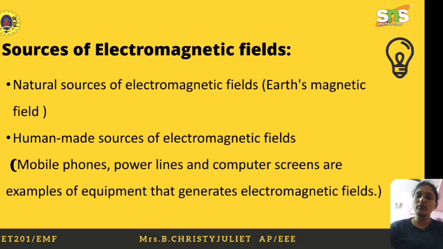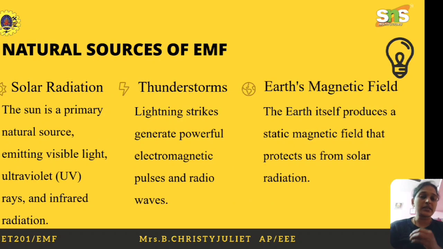The other type is human-made sources, like mobile phones, power lines, computer screens, etc. There are many electronic and electrical gadgets which emit a lot of electromagnetic fields. Now let's discuss everything in detail.